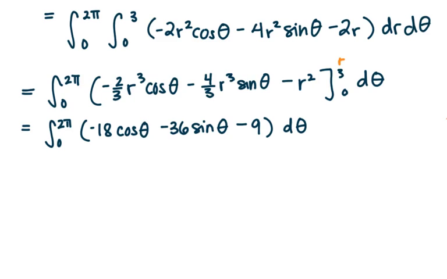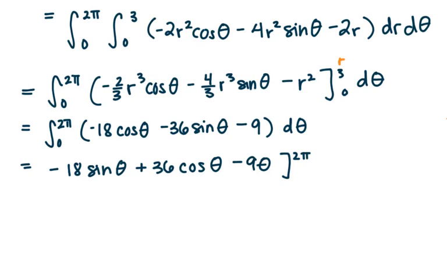So now integrating with respect to theta, I have negative 18. The integral of cosine is sine theta, plus 36. The integral of sine is negative cosine, which changes that sign, and then minus 9 theta. We'll evaluate between theta equals 2 pi and 0.